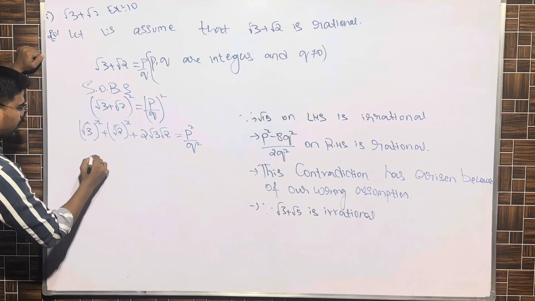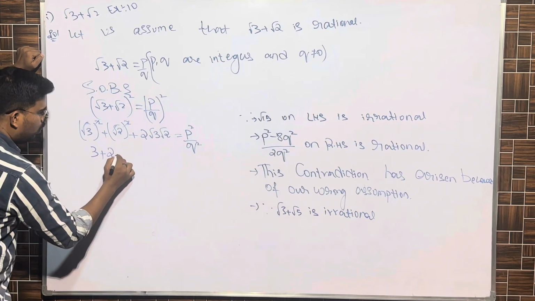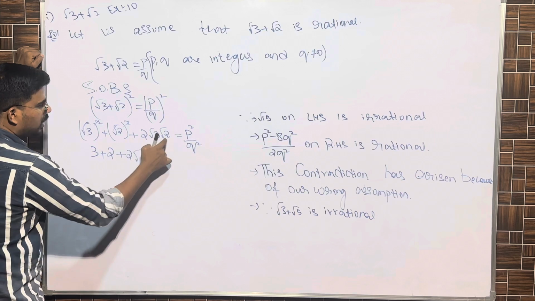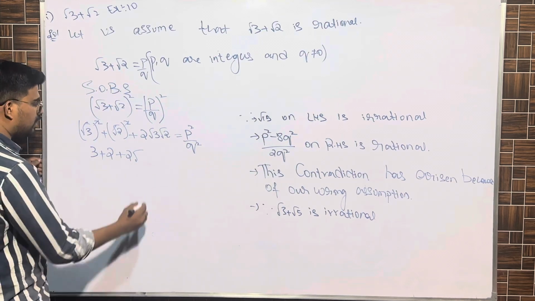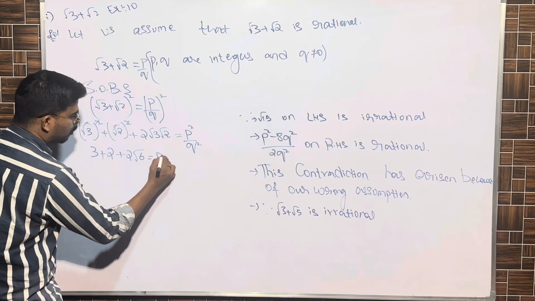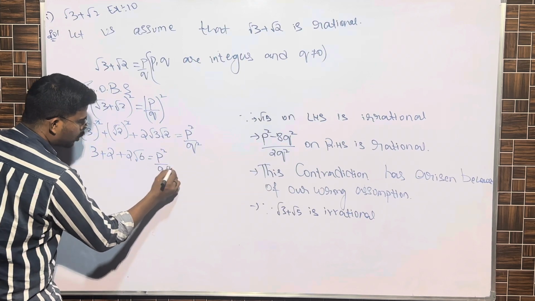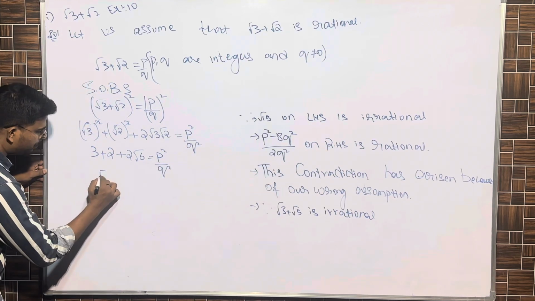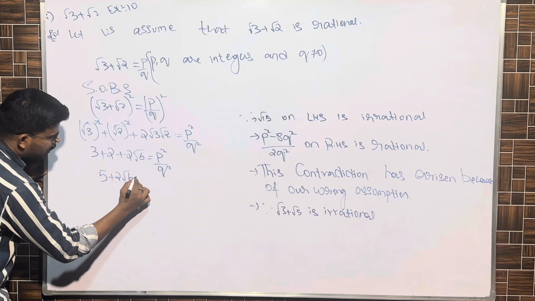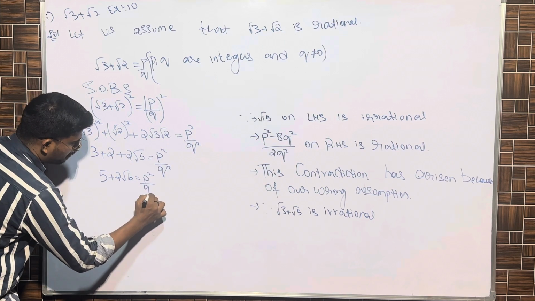Square root gets cancelled. 3 plus 2 plus 2 root 6 is equal to p square by q square. 3 plus 2 is 5. 5 plus 2 root 6 is equal to p square by q square.